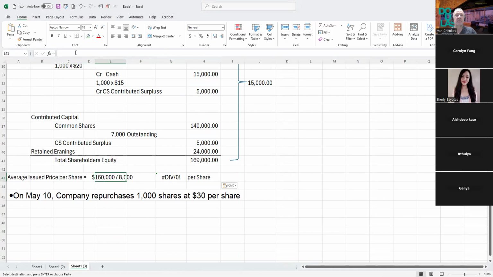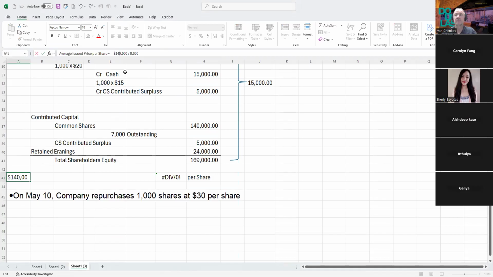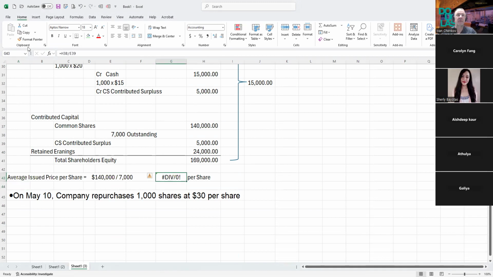So now we have 140,000, and our number of shares is 7,000. So 140 divided by 7,000. Our average issue price per share is still $20. There's no change in that price.